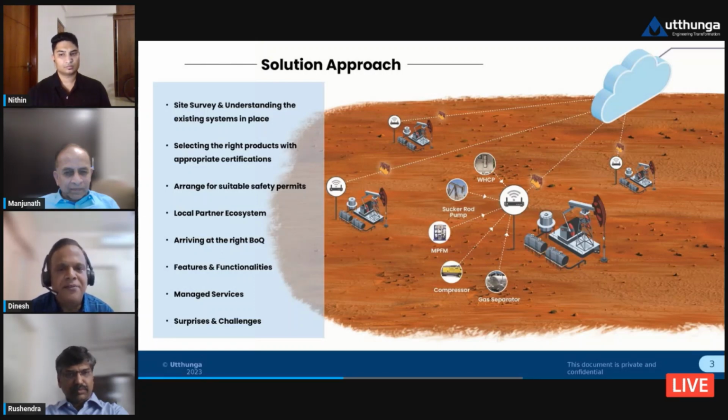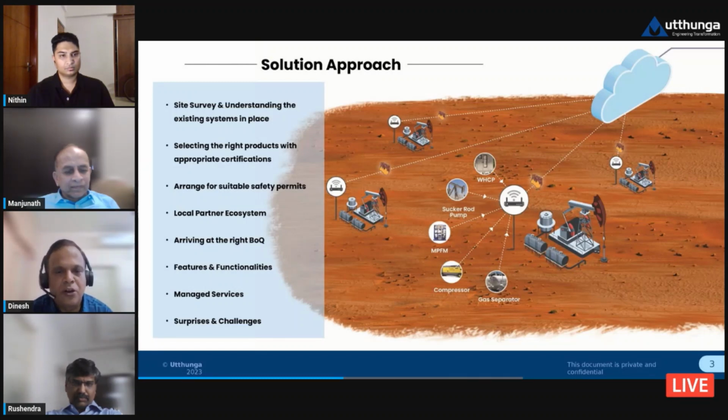And after we put these types of solutions in place, it is also very essential to see how to keep these systems up and running, and that is where the managed service part of our solution helped, where we have the provision to remotely monitor the state of the edges and the state of the system, and ensure greater than 99% data availability at the active runtime of the well, which was very essential.